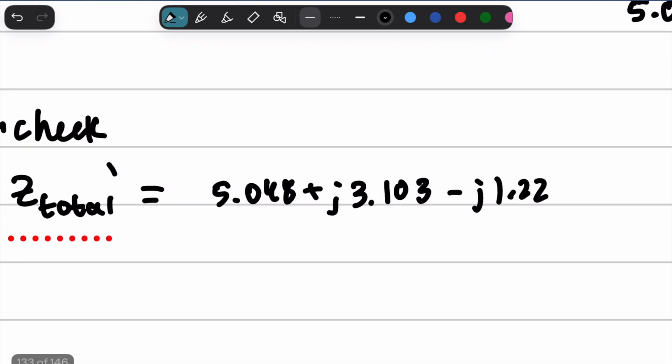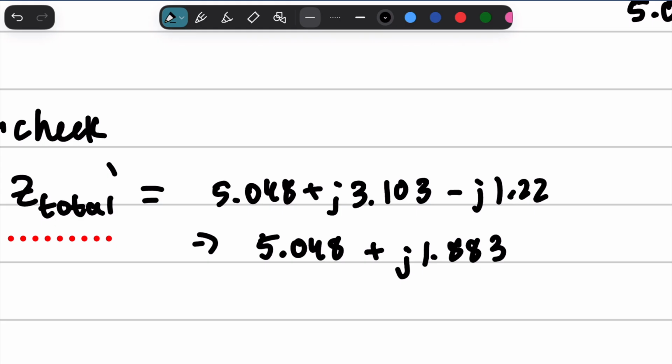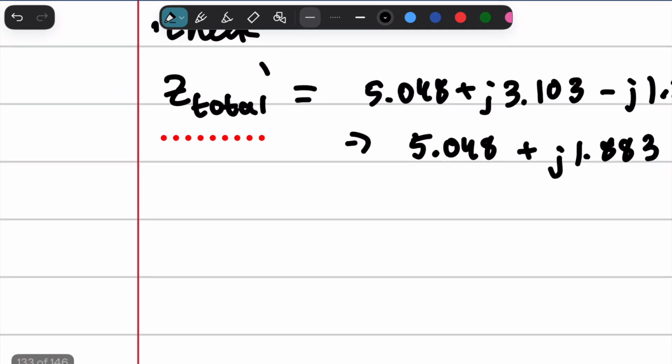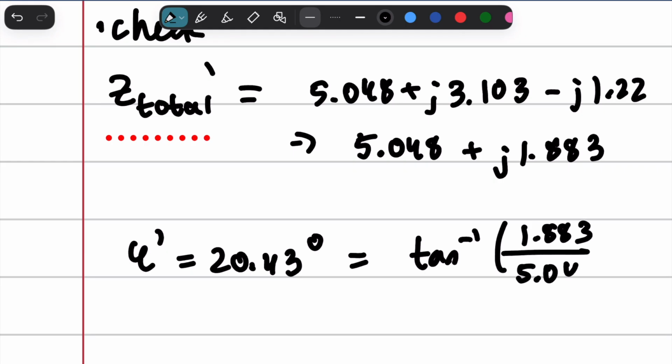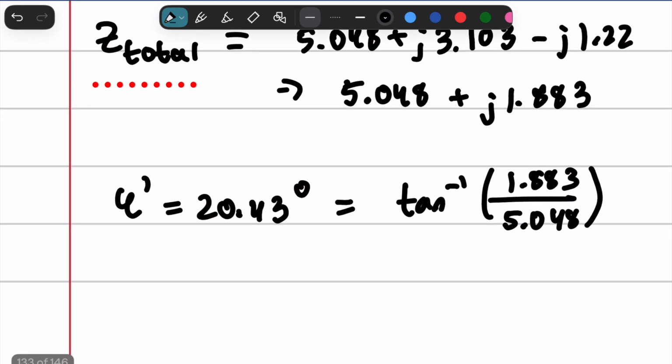Simplifying this down, we get 5.048 plus j1.883. And now we can verify that our phi does indeed equal 20.43 degrees, because when we plug in 1.883 divided by 5.048 with the arc tangent, we get 20.43.